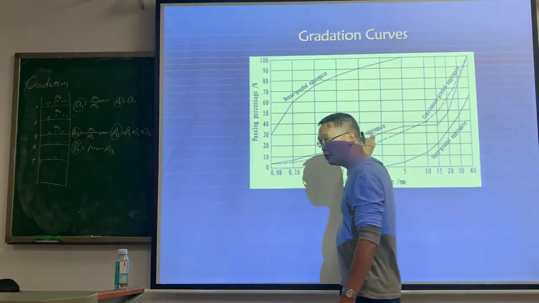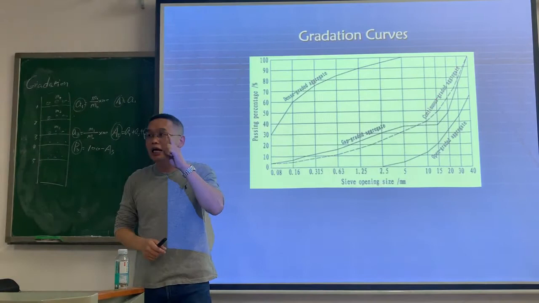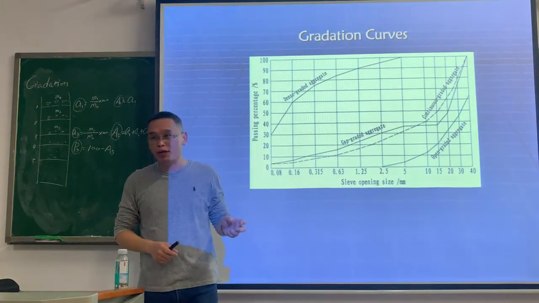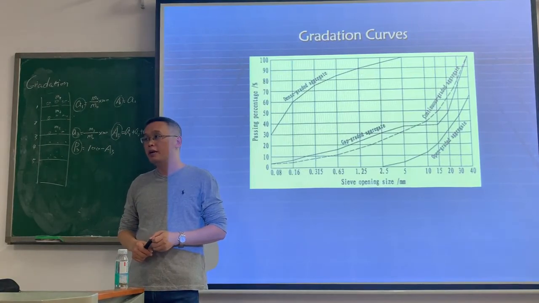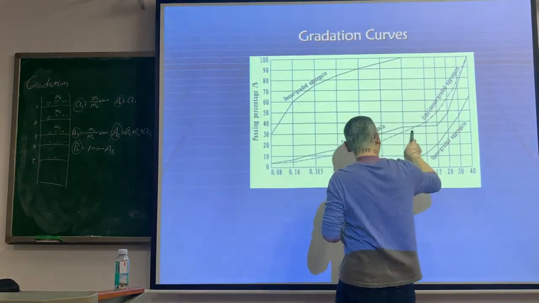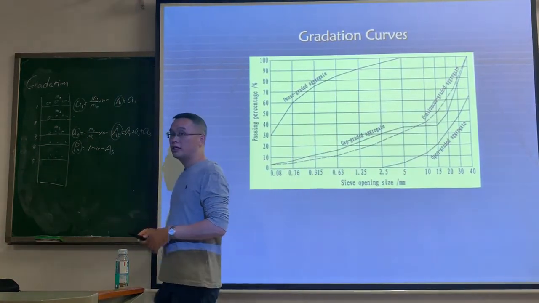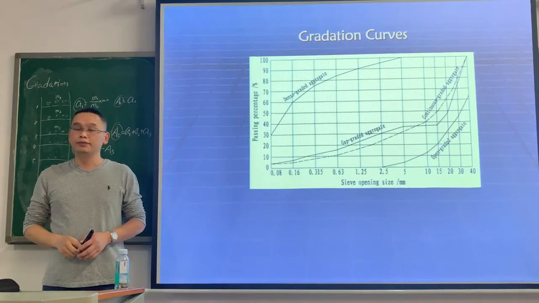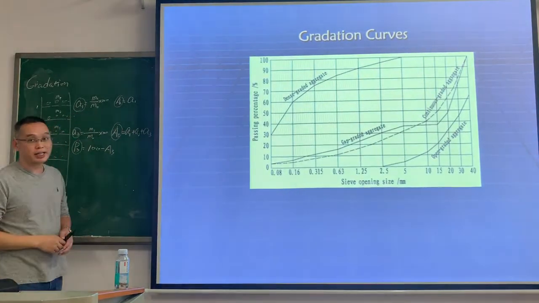One is continuous graded, the second one is gap graded. How can we get this continuous curve?